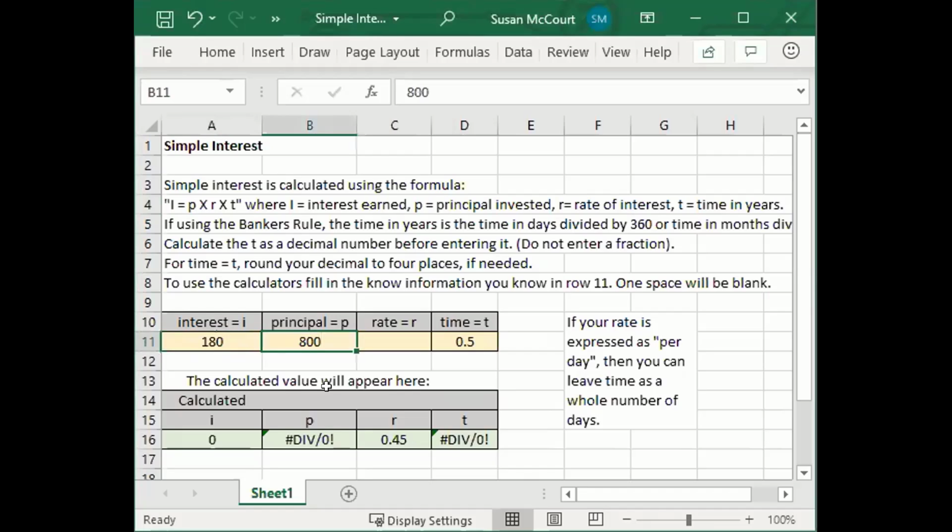The principal was $1,200. And the time was 3/4 of a year, 0.75. So her interest rate was 20%, which was significantly higher.